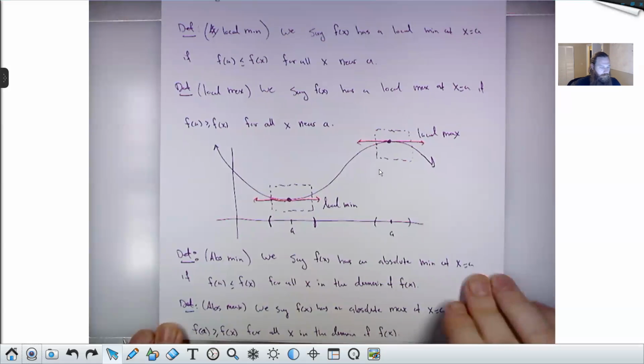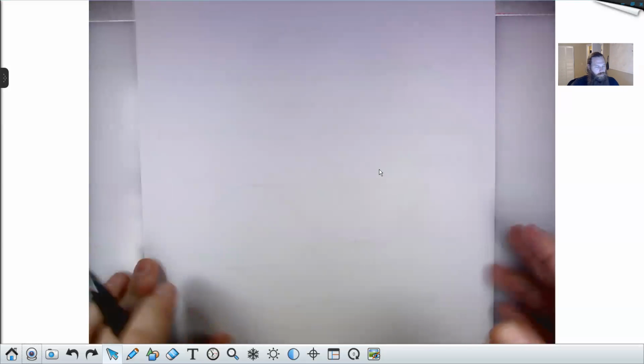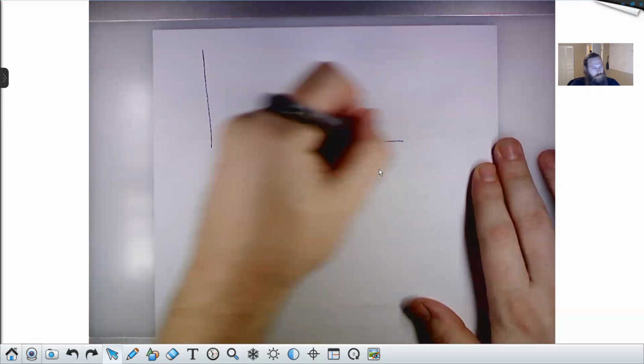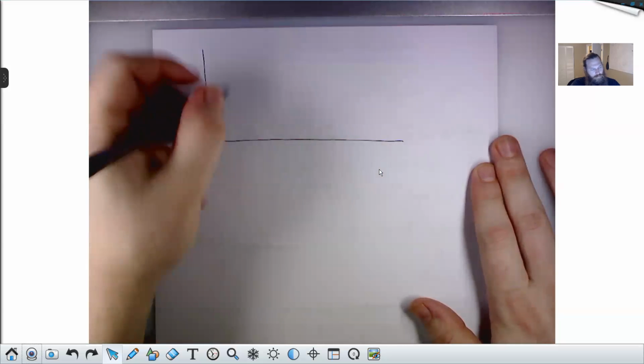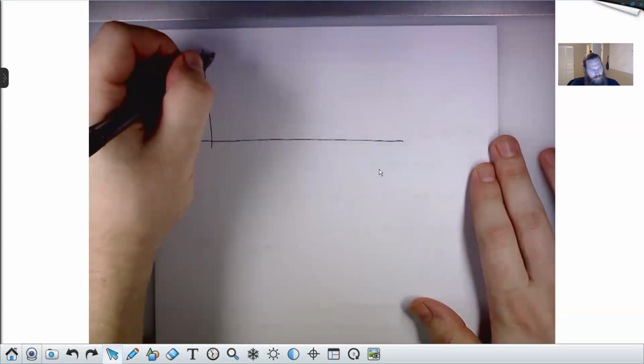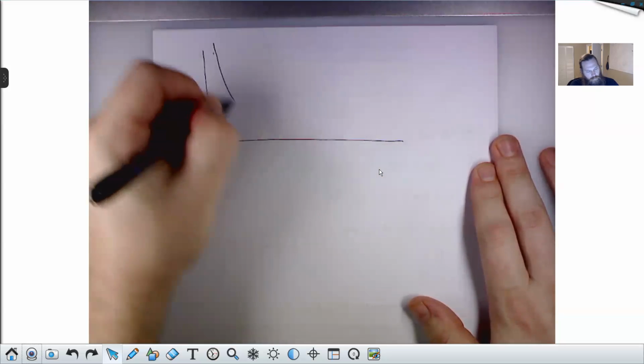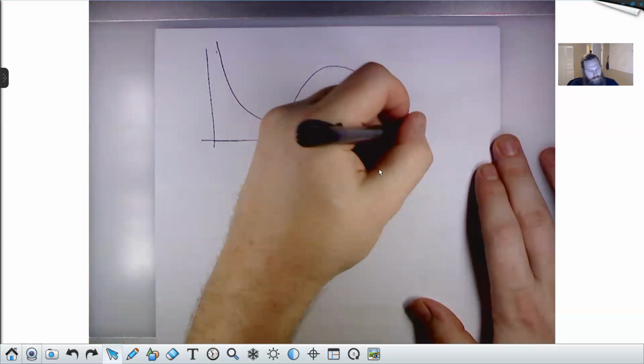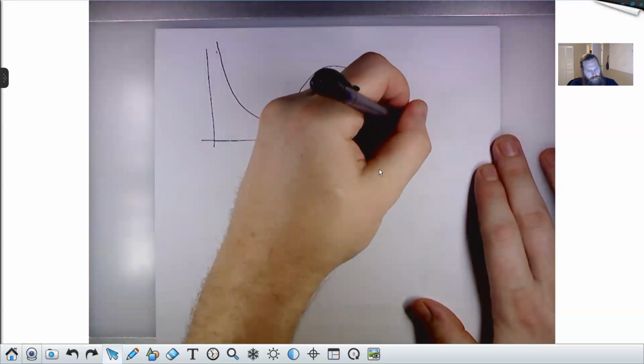Okay. So what is the difference between an absolute max or min and a local max or min? Well, I'd like to redraw that picture we had there a second ago, but I'm going to redraw it with some variations.